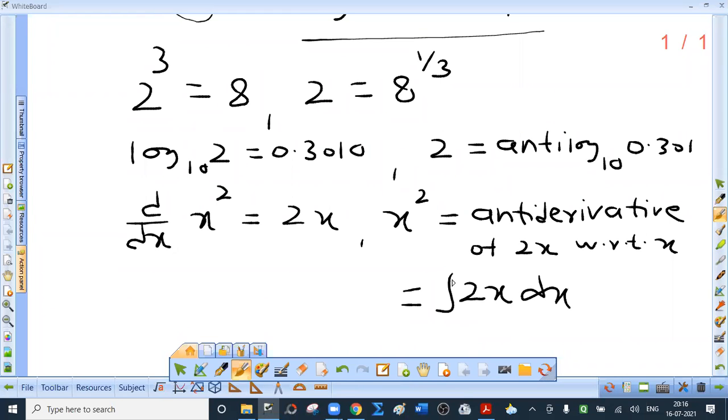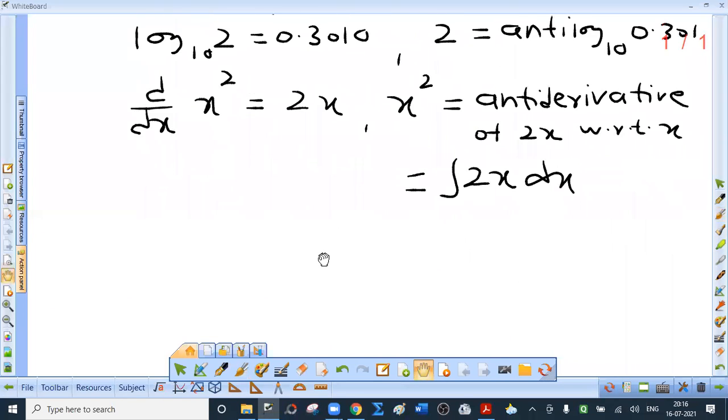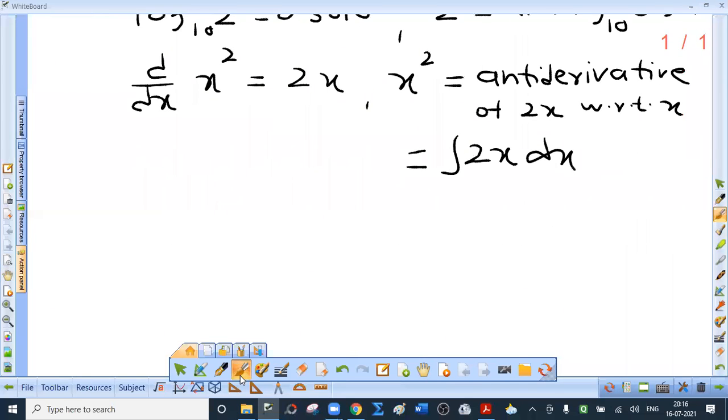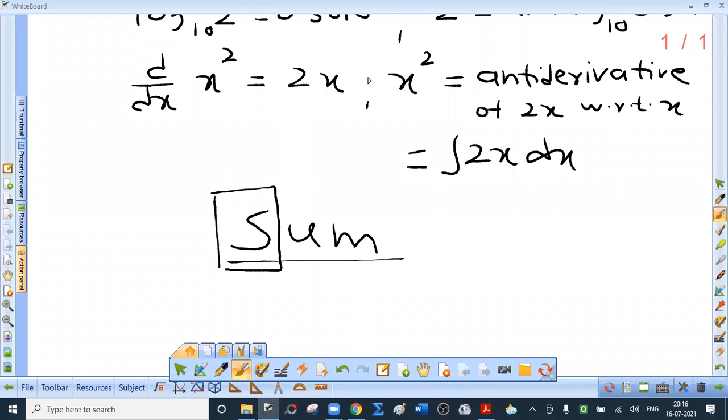And why this symbol only? I'll tell you the reason for that. See, this integral can be expressed as limit of sum. Sum is S-U-M. This S is elongated to get this symbol. I think Leibniz introduced this symbol. So this is the symbol for integration.